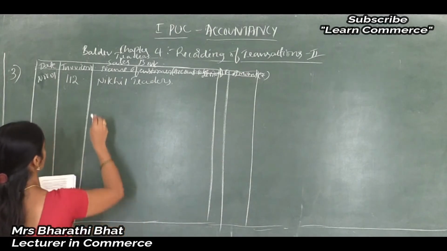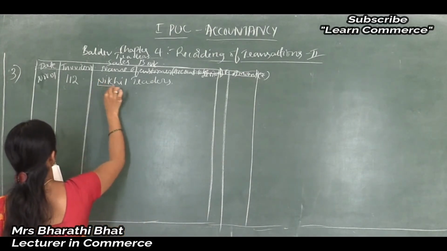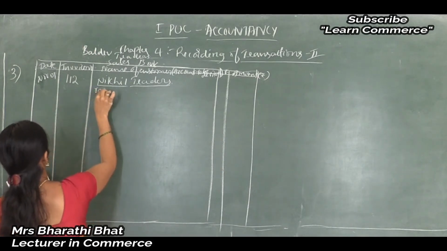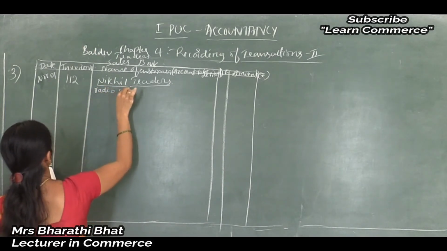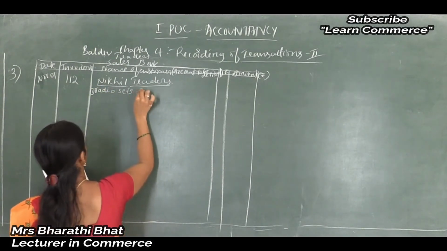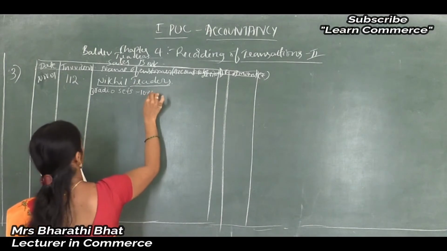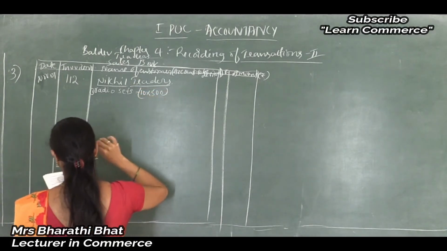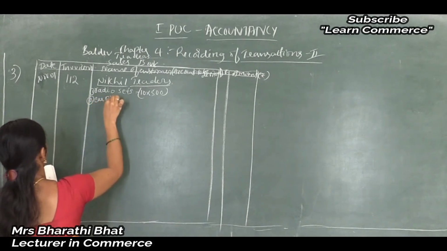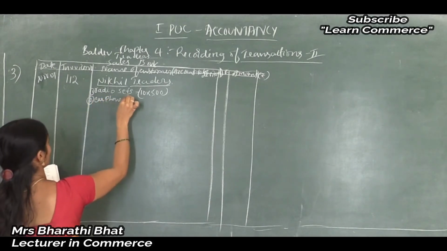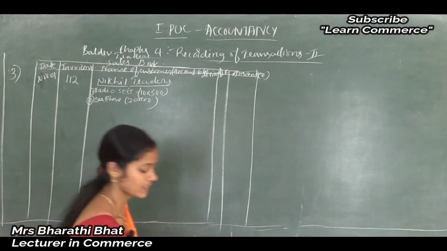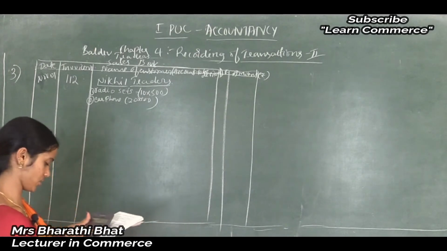So they sold 2 items. So put underline. First one radio sets, 10 radios into 500. Next one earphone, 20 earphones at rupees 100. And 10% trade discount is also given.